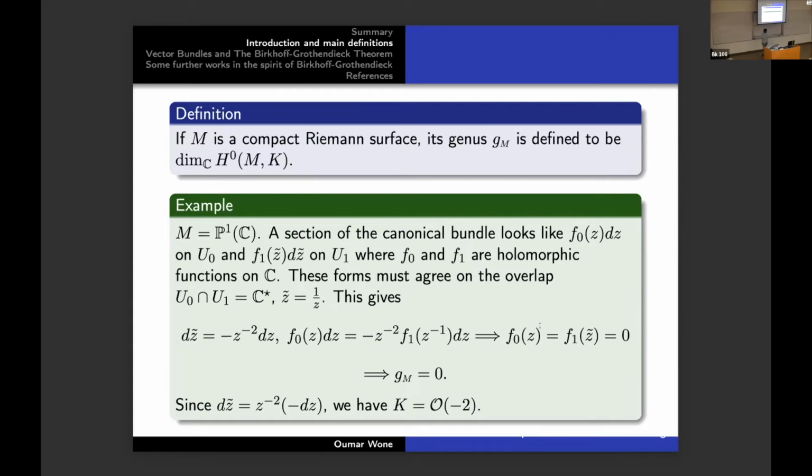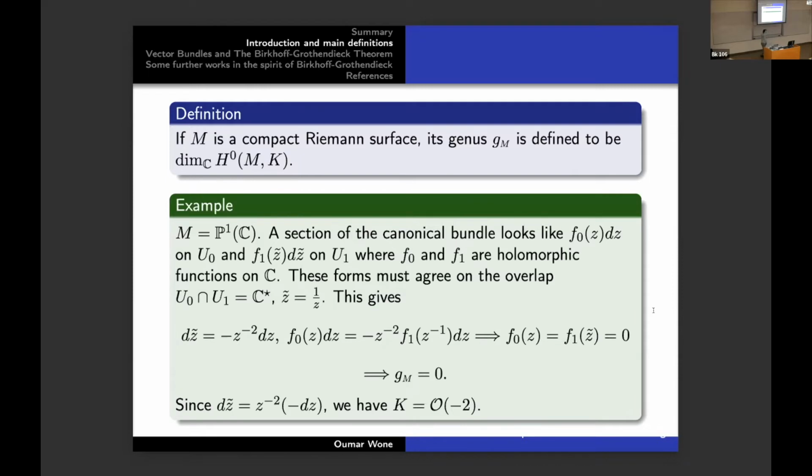And if we develop and do the same manipulations as we explained before, we get F0 equals F1 equals 0. So the genus of the Riemann sphere is 0.